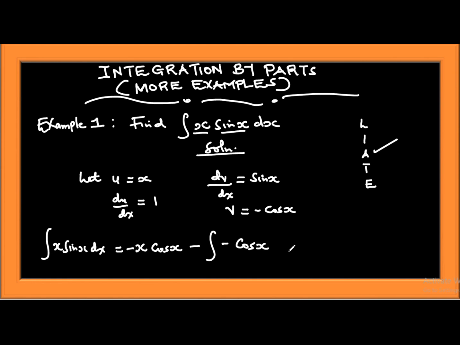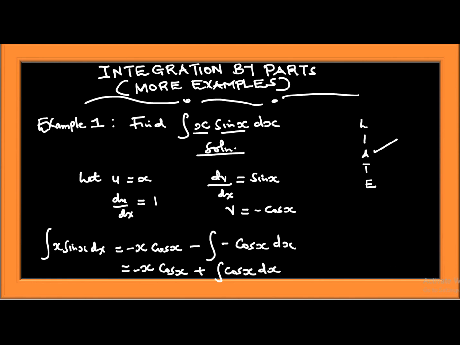Du dx is 1, so cos x times 1 is just cos x. The negative will go out to make this a positive, and then we have dx. So from here we have x times negative cos of x, plus, when the negative comes out, integral of cos of x dx.